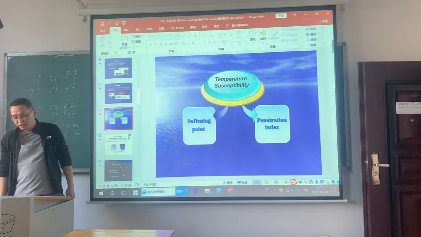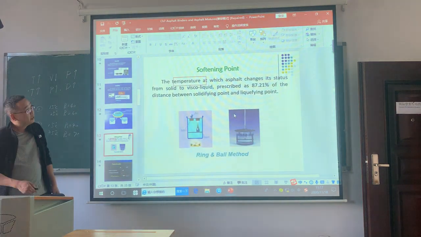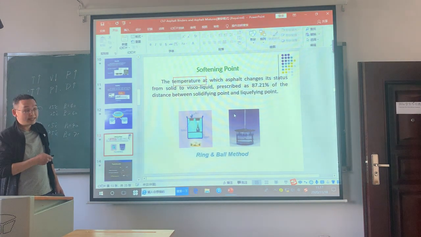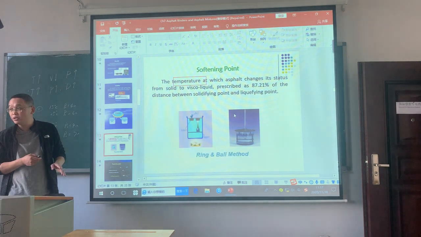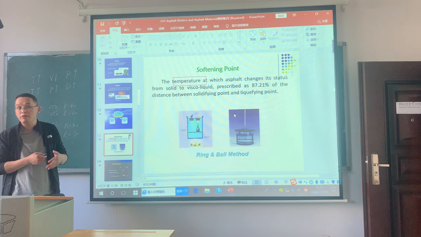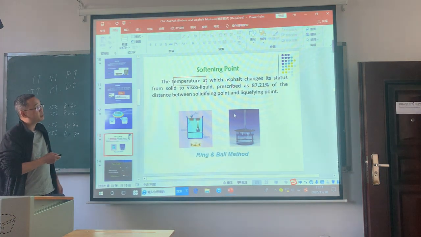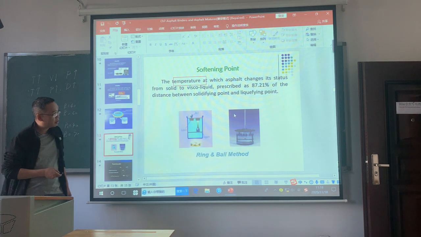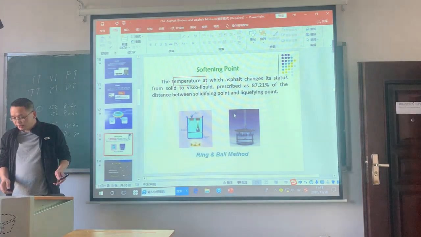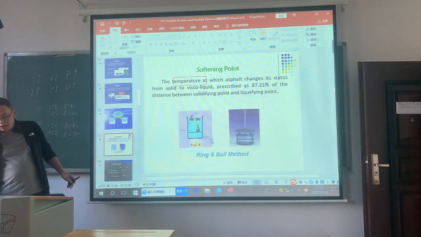The softening point is the temperature at which the asphalt changes its status from solid to liquid, at about 10% of the distance between the solidifying point and liquefying point. Okay? And this method we can also use.